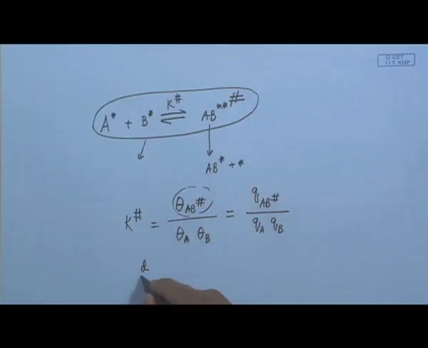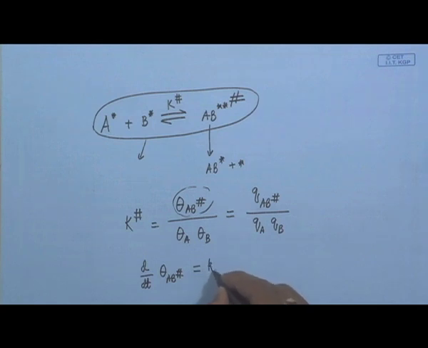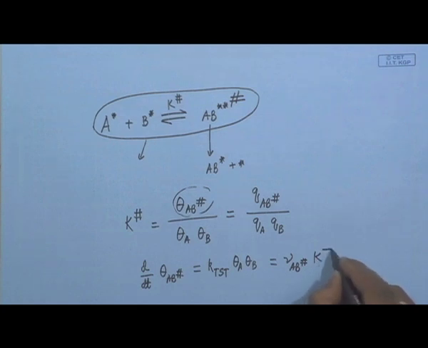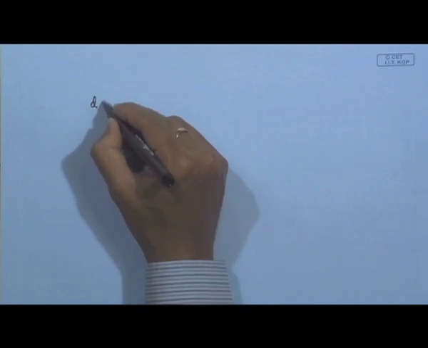You can write d dt of theta AB, which as per transition state theory is K TST times theta A theta B. The same treatment we did earlier, K times theta A theta B.